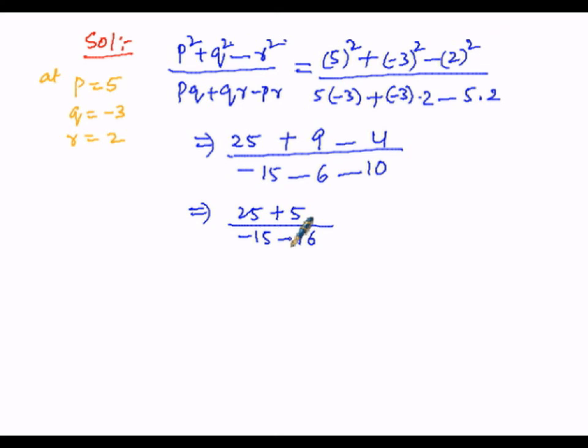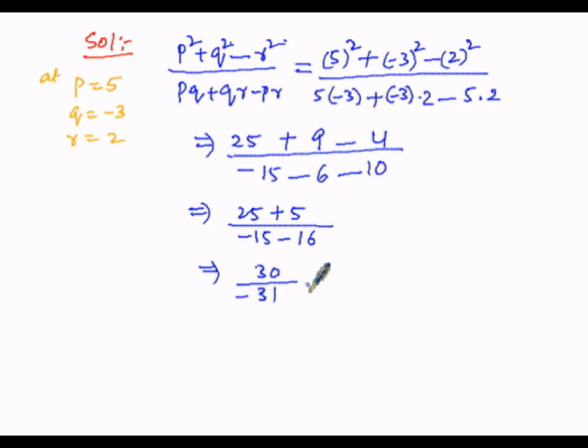Then that implies 25 plus 5 is 30 in the numerator, divided by minus of minus. To simplify the denominator, minus of minus is plus, we add 15 plus 16, which is 31. To assess the sign for the denominator, 16 is greater than 15 and 16 has a negative sign, therefore minus.